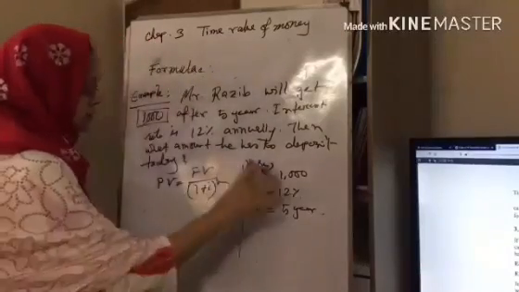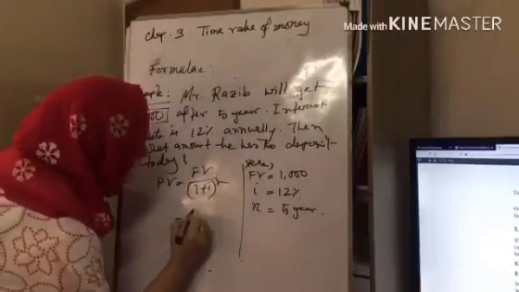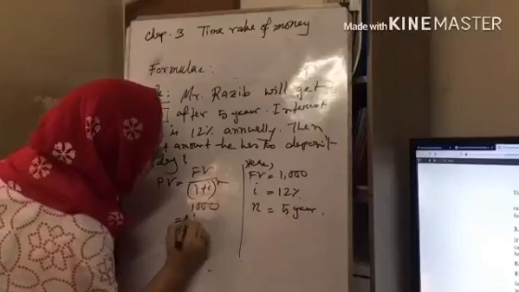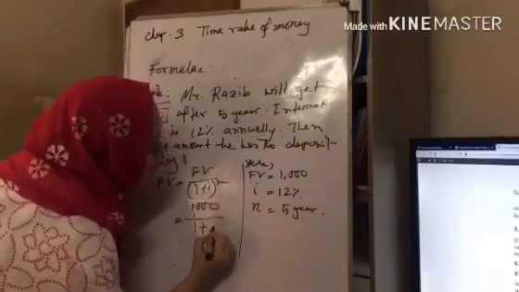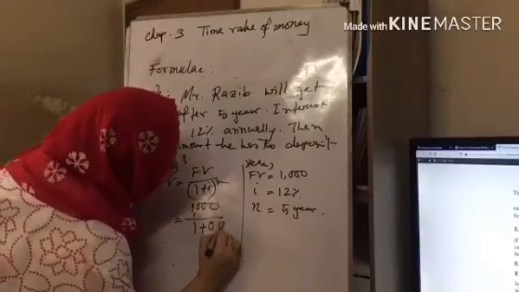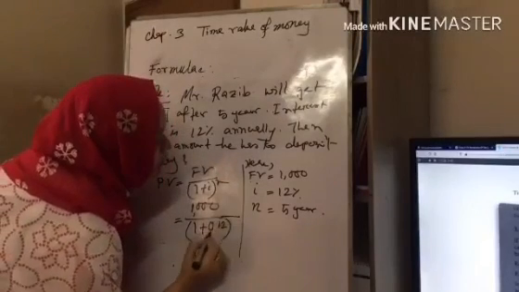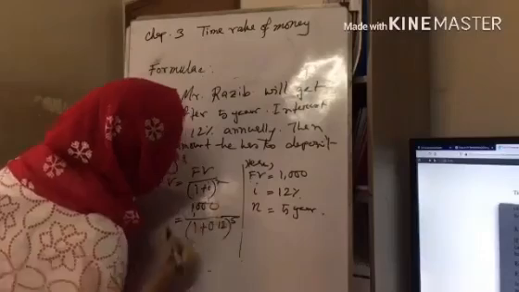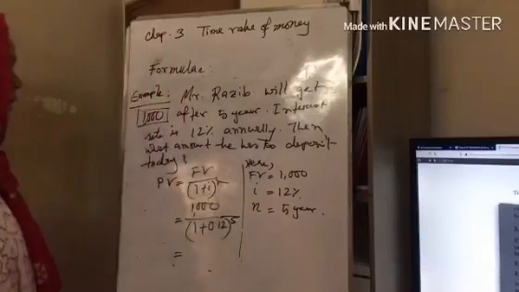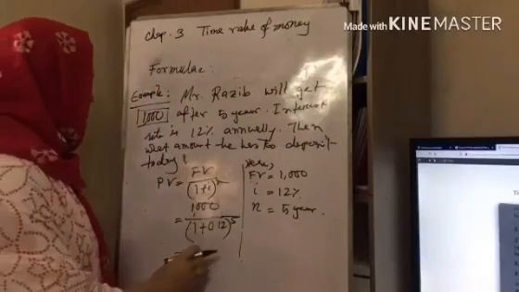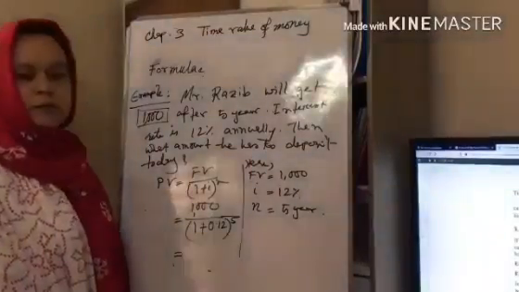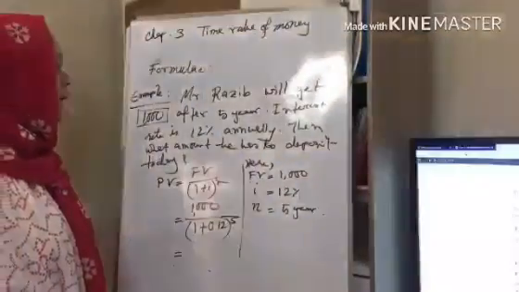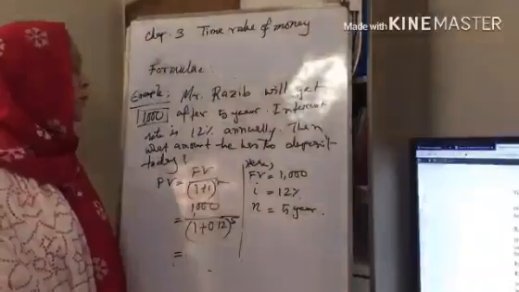By using all these components, 1000 taka I will put here, and 1 plus I, 0.12, and n to the power 5. Now I have to calculate all this and find the present value of the 1000 taka that he will get after 5 years.